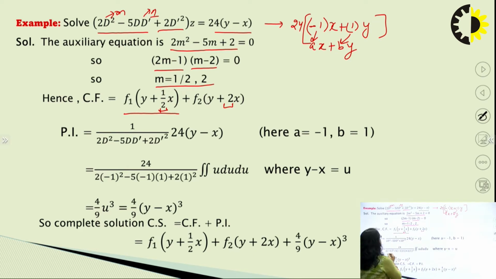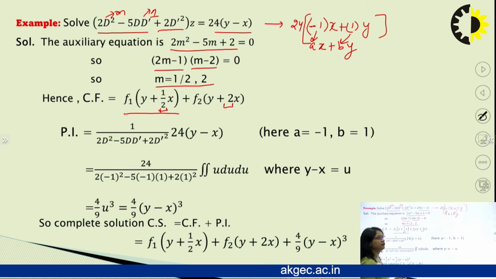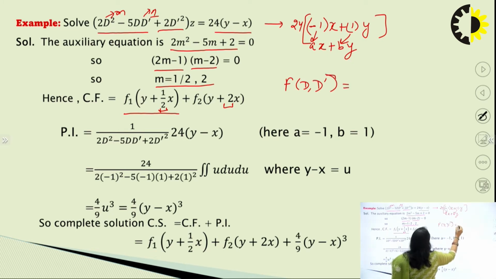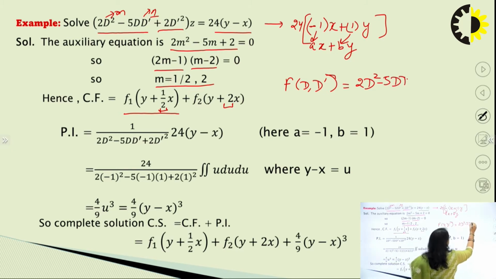Now to find the PI, we need to substitute a and b in the left hand side function. That means my f(D, D') was 2D squared minus 5DD' plus 2D' squared.